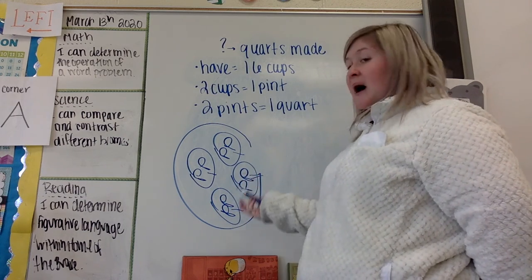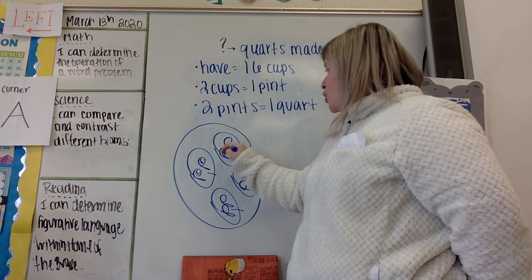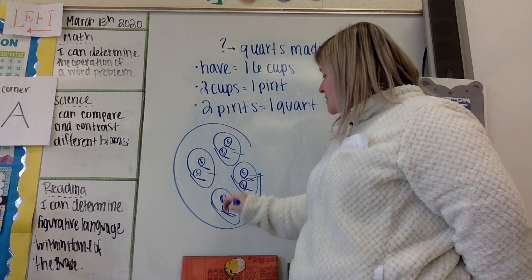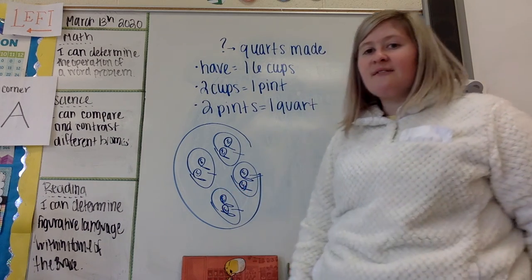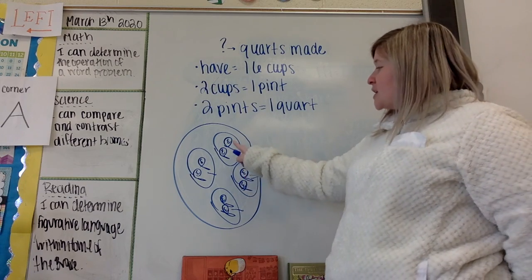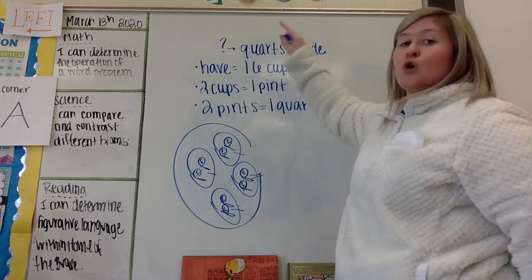And within each pint, we have 2 small cups, which are the 2 little C's that are inside each pint. Okay, so this kind of helps me visualize what I have. I have 16 of these very tiny little C's total, and I want to turn that into quarts.